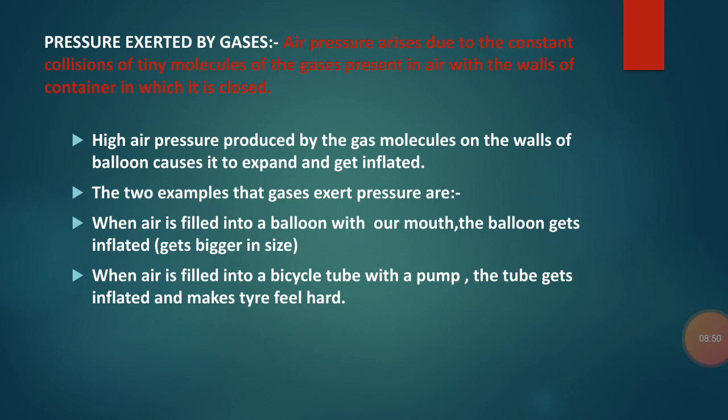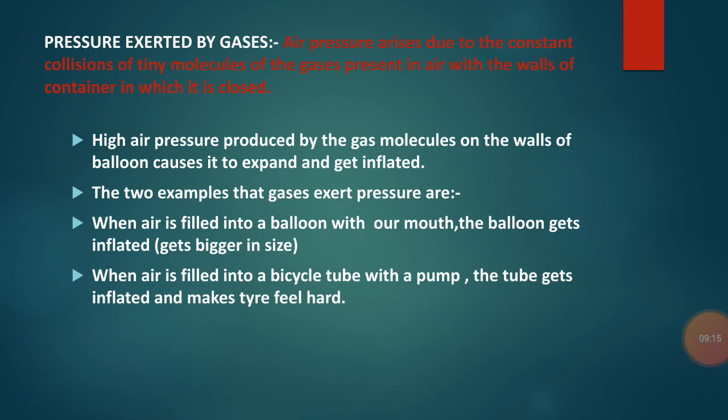Air exerts pressure in all directions. What is air? It is a mixture of gases. All the gases are made up of teeny particles, and these teeny particles are known as molecules, which move around quickly in all directions. Fast moving gas molecules collide with one another and with the walls of the container in which they are kept.